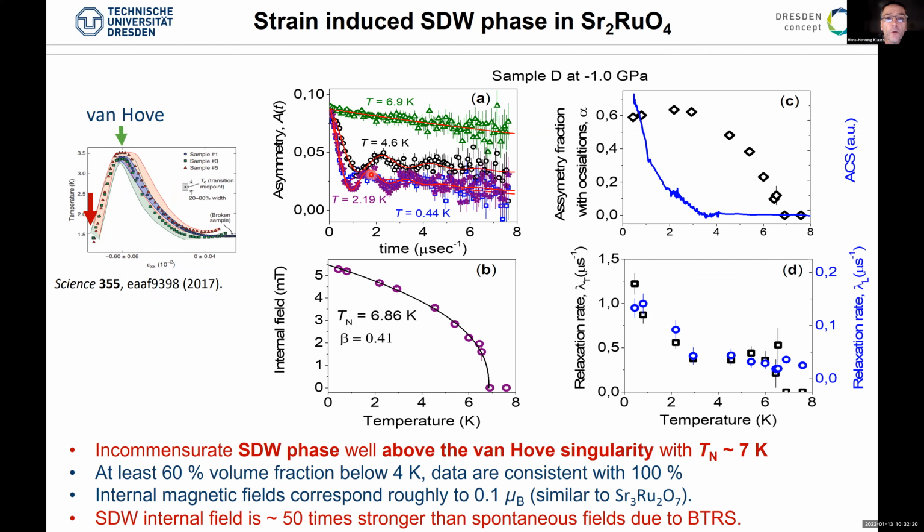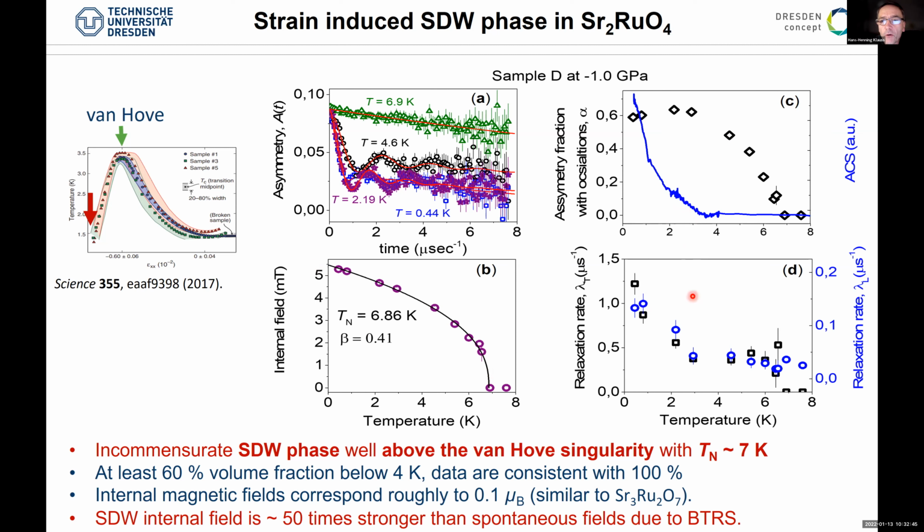If you look closer, you can deduce the internal field as a function of temperature. You see a nice magnetic order parameter function. And one can also say that it coexists, at least in some part of the sample, with superconductivity below 3 Kelvin, let's say.